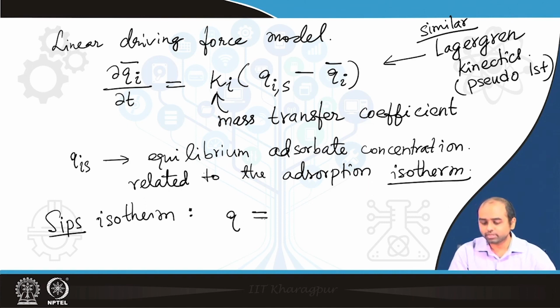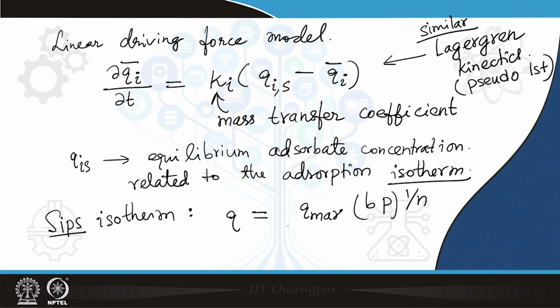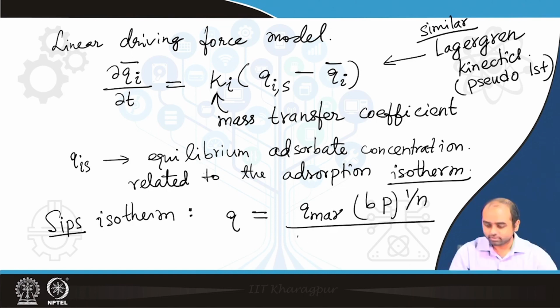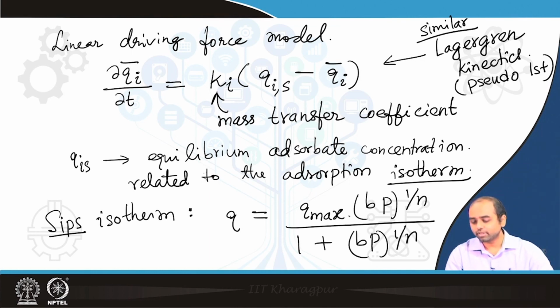So, this q is written down as q max. This is a 3 constant model, right. So, q is nothing but this qis. I should not write i because this is a generalized form qs, right. So, this is a 3 constant model: q max, b and n.